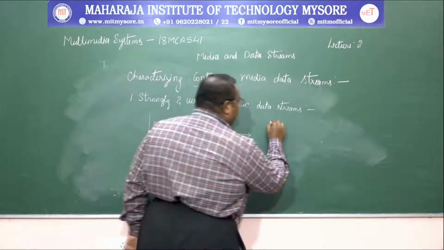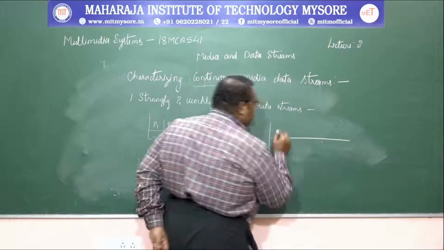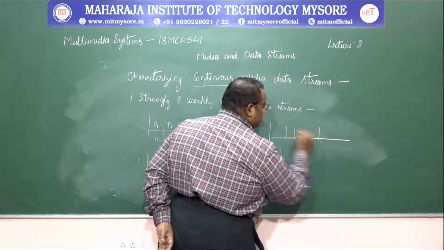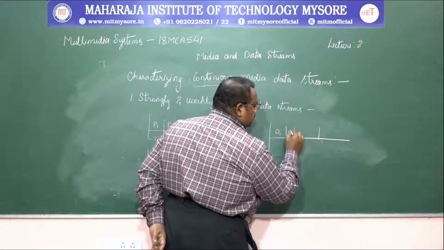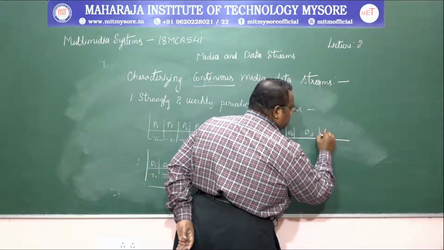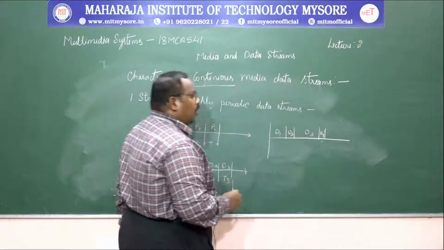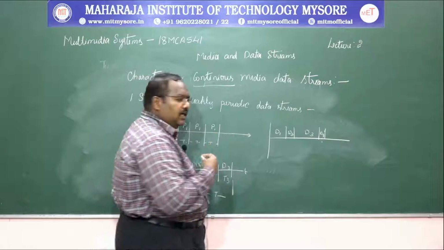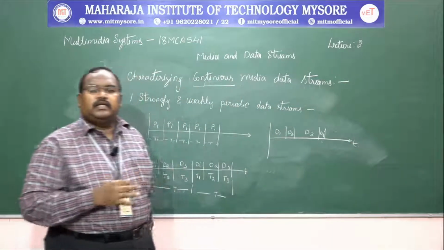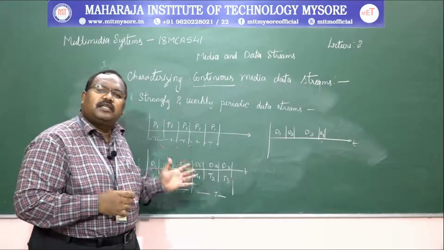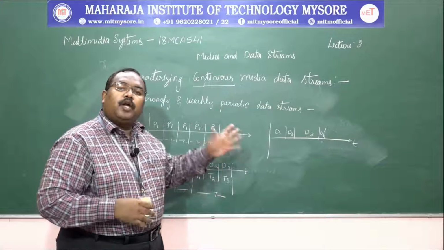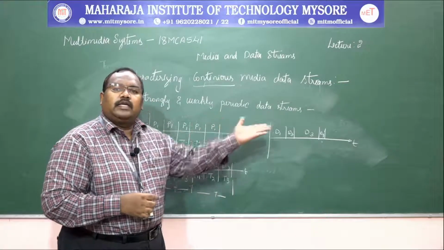When we talk about aperiodic data streams, all the packets over the time scale are different from one another. They never match a subsequent sequence of the pattern, or the same pattern may or may not appear over the time scale.